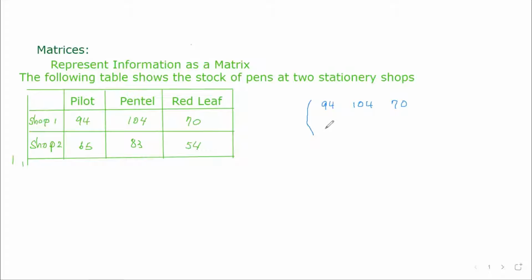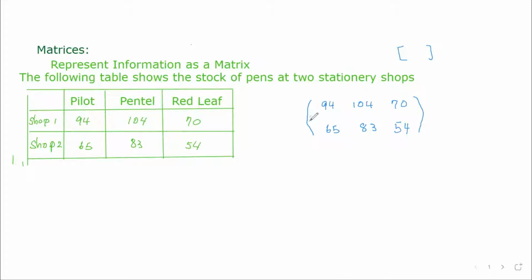For the second shop, the first one, Pirate, has 65, the second type of pen is 83, and the last one, Red Leaf, is 54. We can represent it in this kind of bracket, or a little bit curved, or an angle bracket like this.